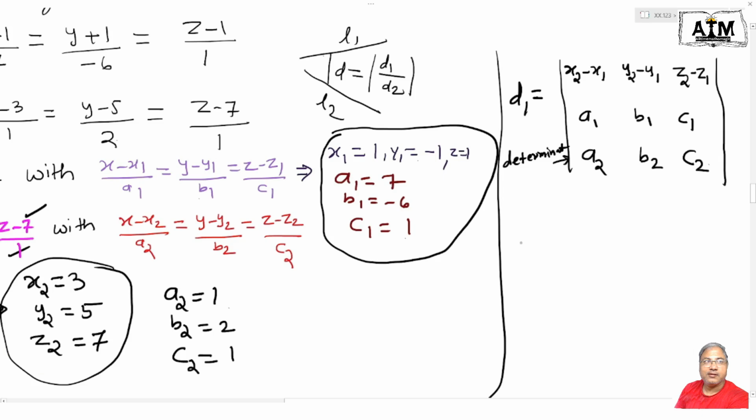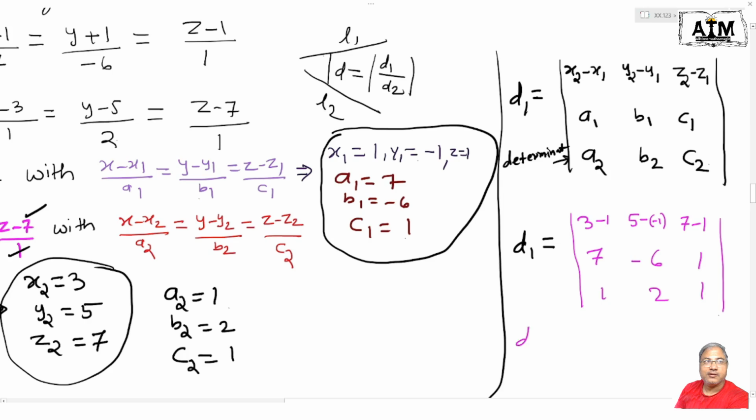Putting in all these values: x2 is 3 and x1 is 1, so 3 minus 1; y2 is 5 and y1 is -1; z2 is 7 and z1 is 1, so 7 minus 1. Then a1, b1, c1 that is 7, -6 and 1, and a2, b2, c2 that is 1, 2, 1.